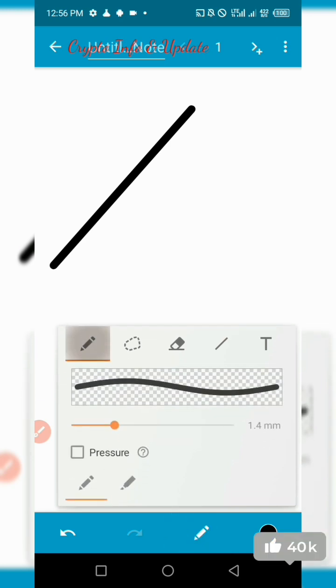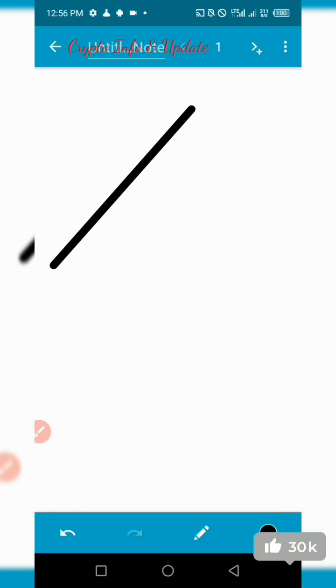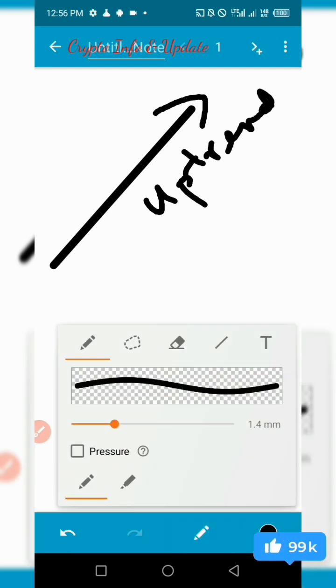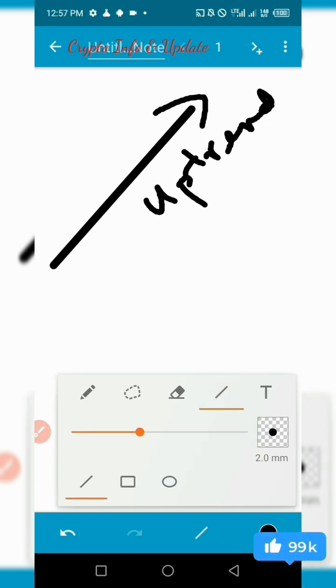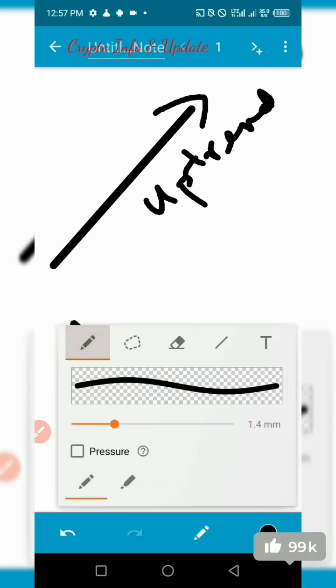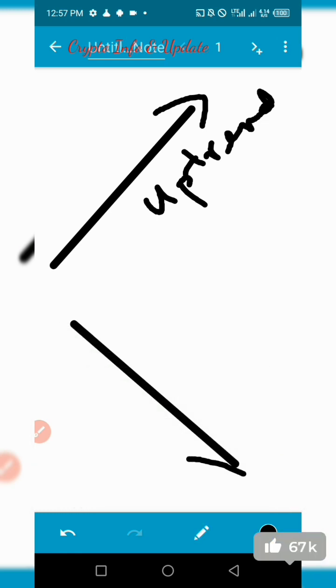So the price is going up. While this one, follow me. Don't skip any part. Be patient. This one is downtrend, right? Downtrend.